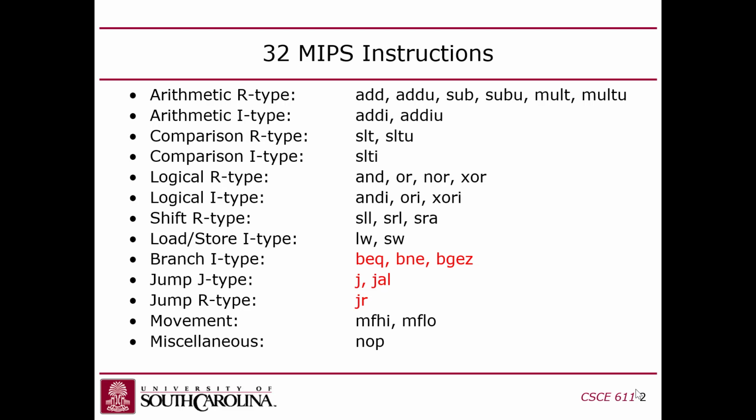Okay, so that's pretty simple, I think. If you had a branch if greater than 0 instruction, that would be a little bit more complicated. Because greater than 0 is harder to test, because the sign bit won't tell you if it's greater, it just tells you if it's greater than or equal. Like sign bit and not equal to 0. Yeah, that's right. You could do it that way, a combination of the two.